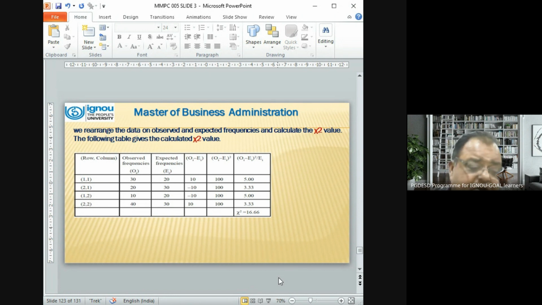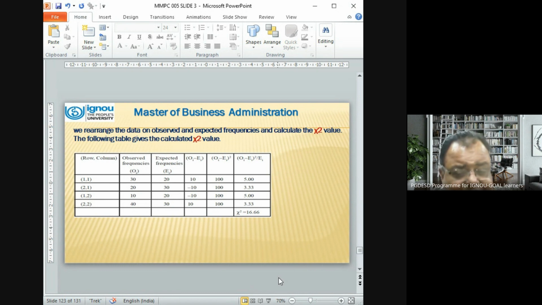Now the last column is O minus E whole square divided by E. What will it come to? 100 divided by 20 is 5. 100 divided by 30 is 3.33. And 100 divided by 20 is 5. And 100 divided by 30 is 3.33. Add up. What do you get?